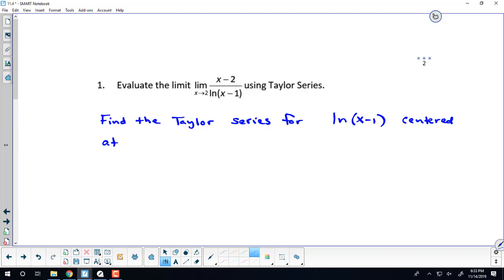At 2, yeah, because the limit is approaching 2. We want that Taylor polynomial to be accurate around 2, so we're going to center it at 2. They use a for the center, so we'll say a equals 2.